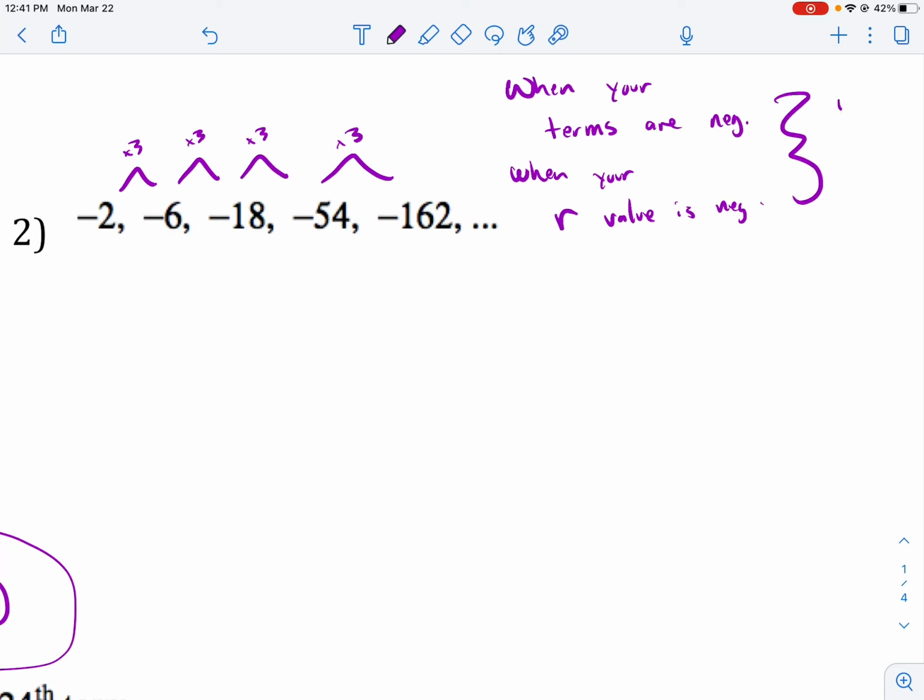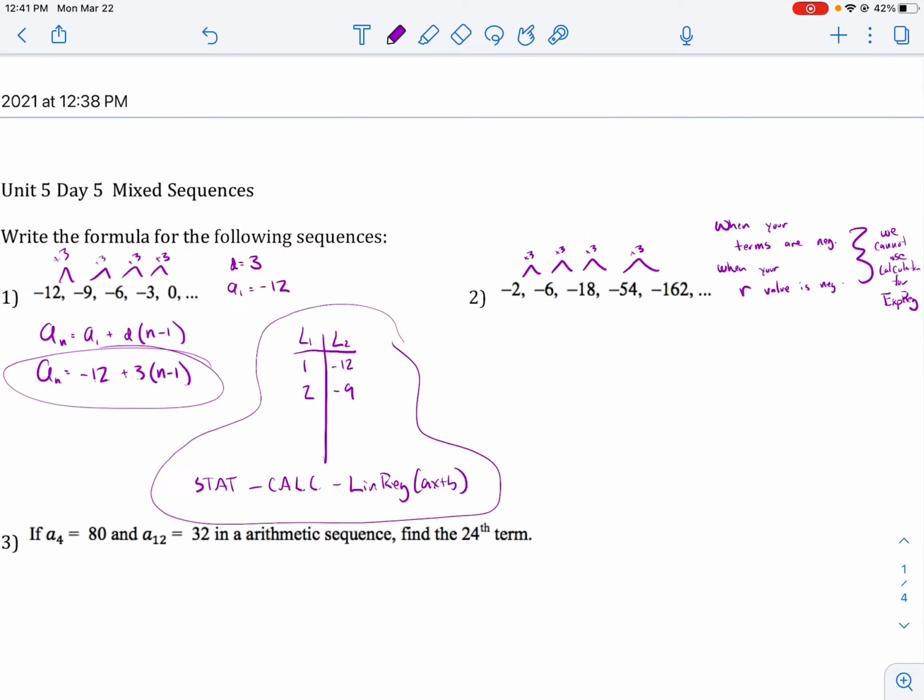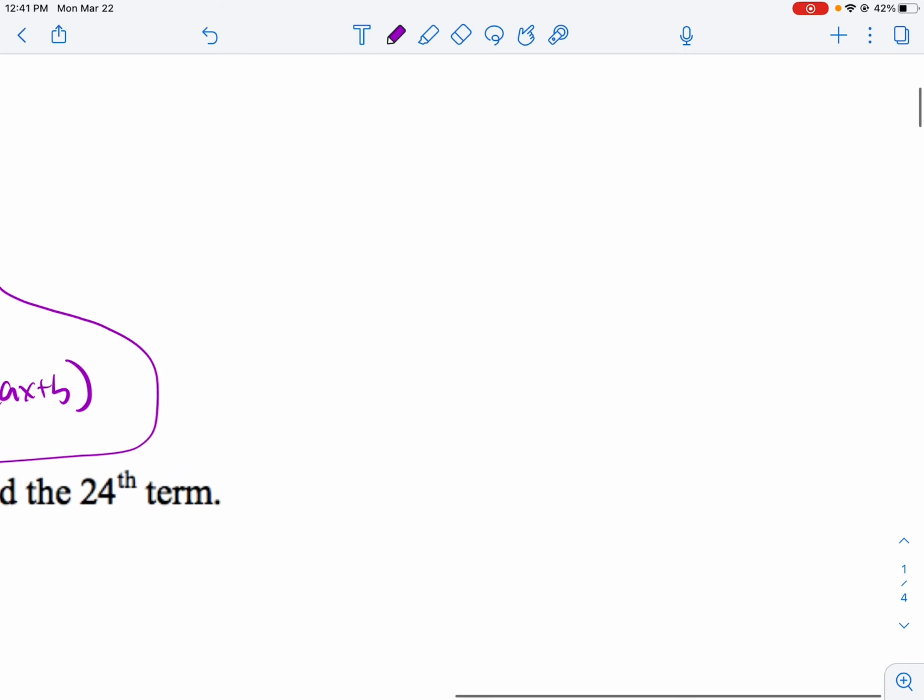Therefore, we cannot use calc for regression, and that's only for exponential regression, okay?